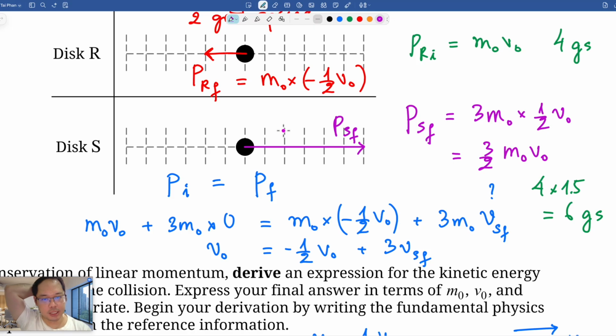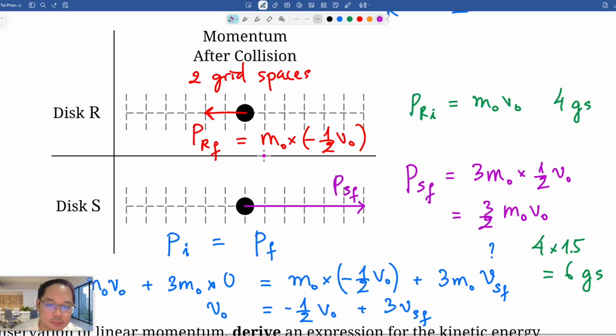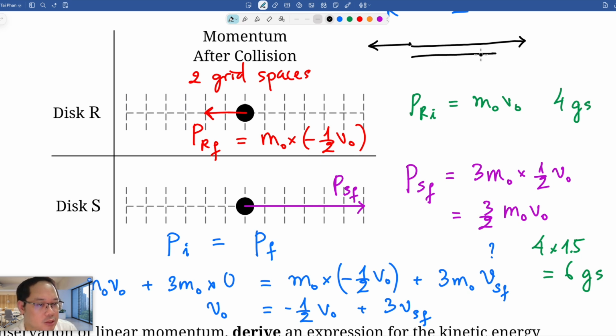One more thing is that when you take the sum of these two vectors, the red vector here and the violet vector here, let me draw that in black. This vector, which is the final momentum of R, when you add it to the violet vector, which is the final momentum of the disk S, the sum is a vector like this, which is identical to the initial momentum before the collision.